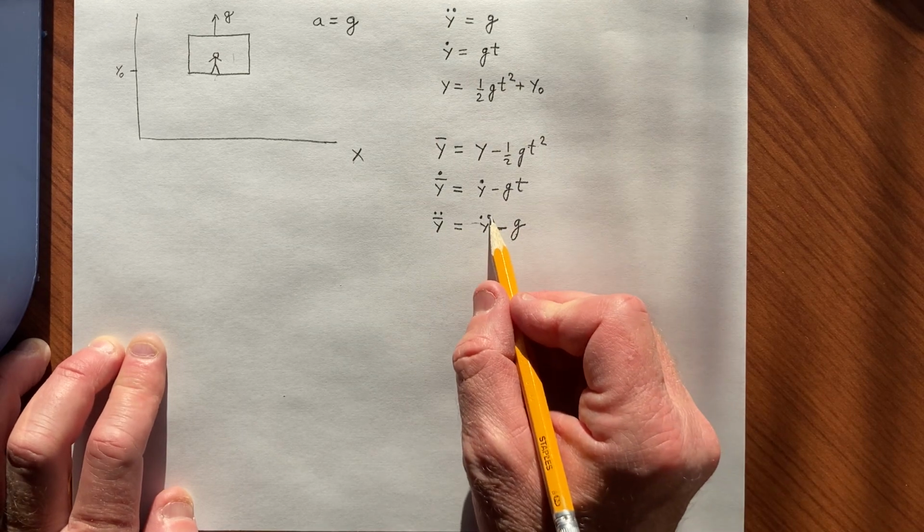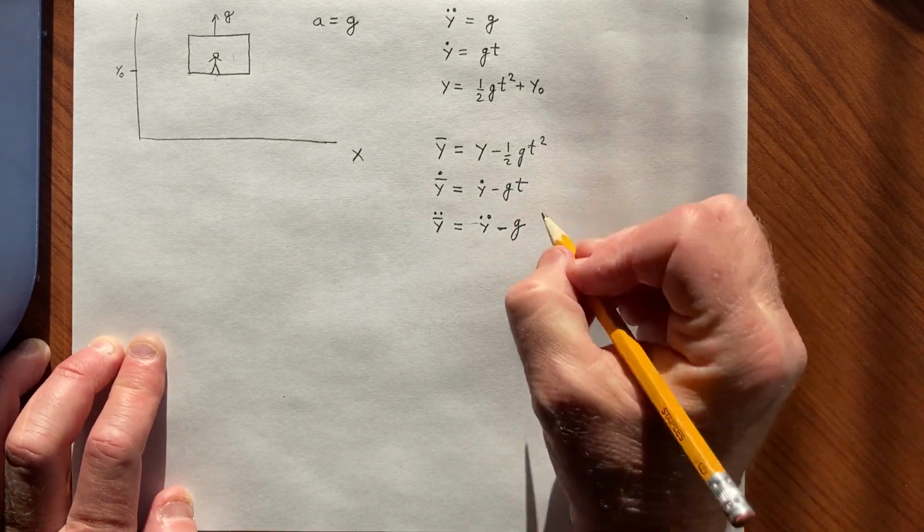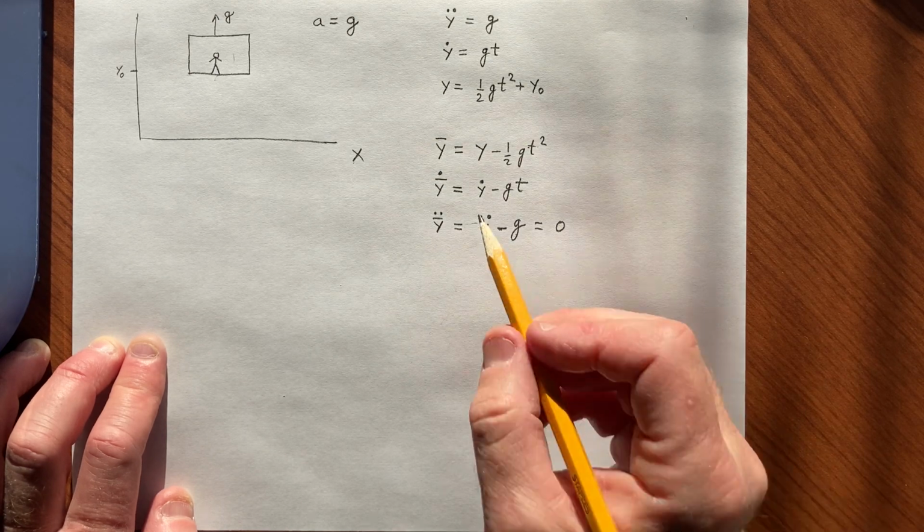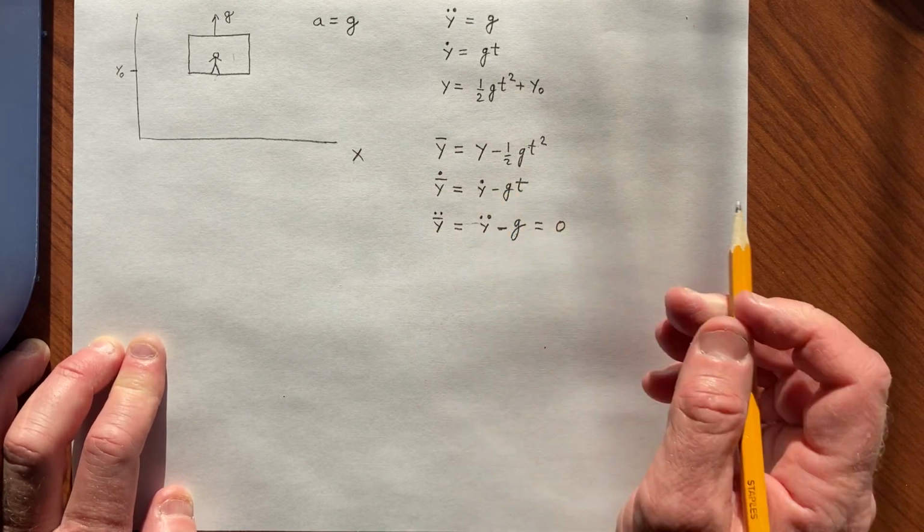Of course, y double dot is equal to g, and so of course this is equal to 0, and y dot is equal to gt, so this is also equal to 0.